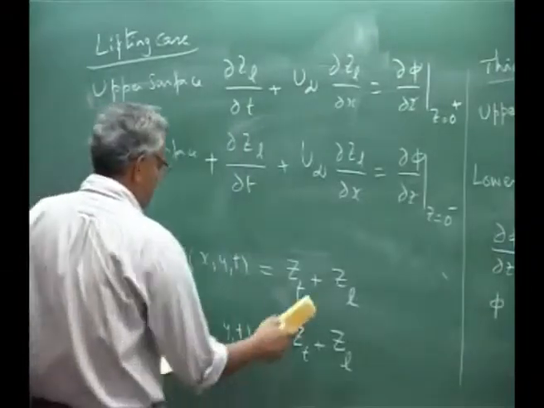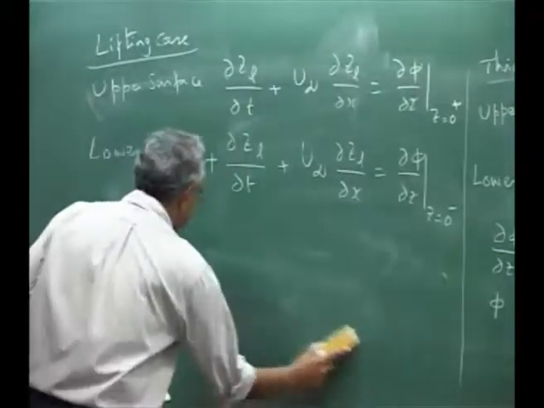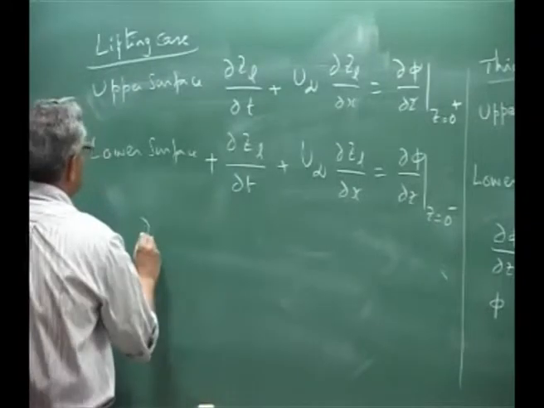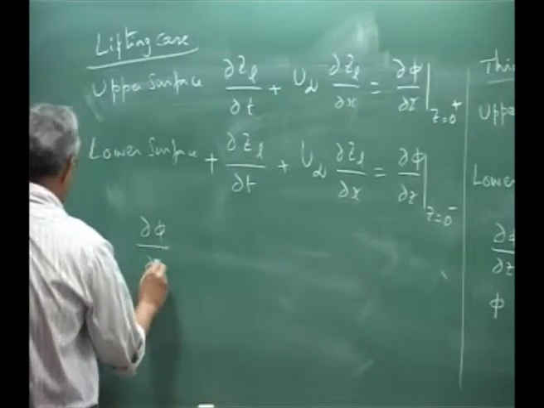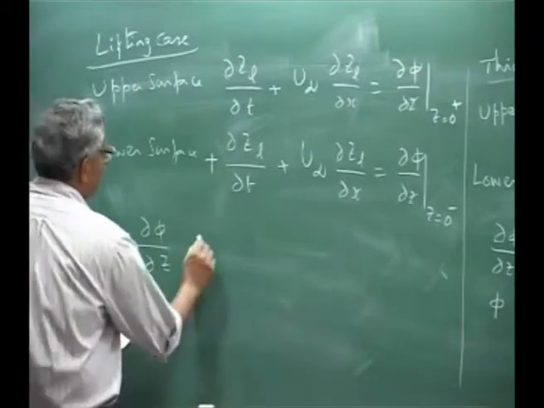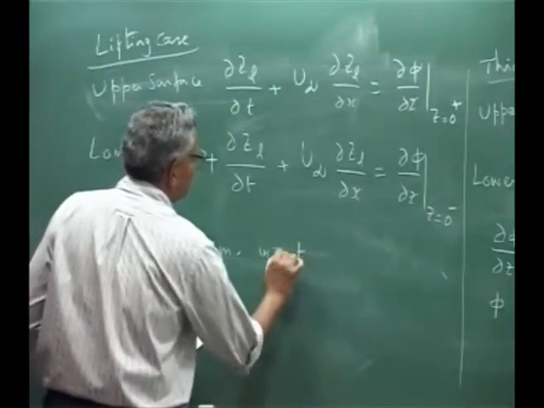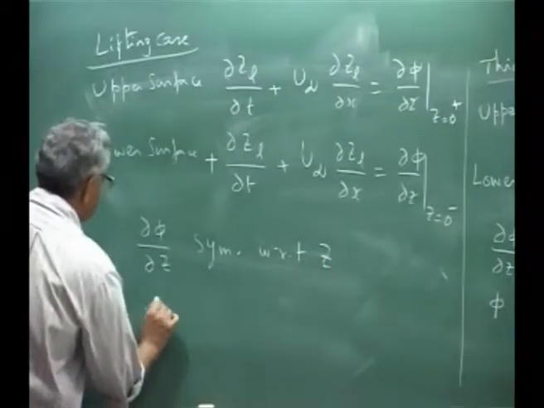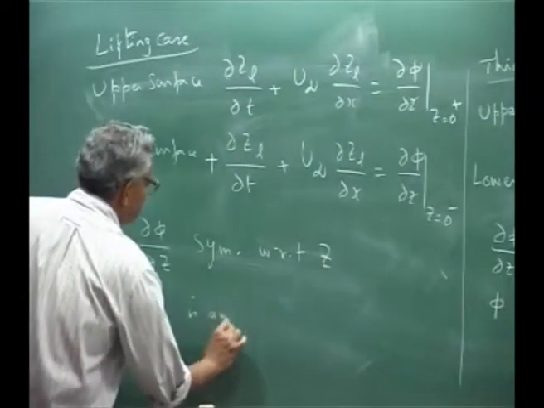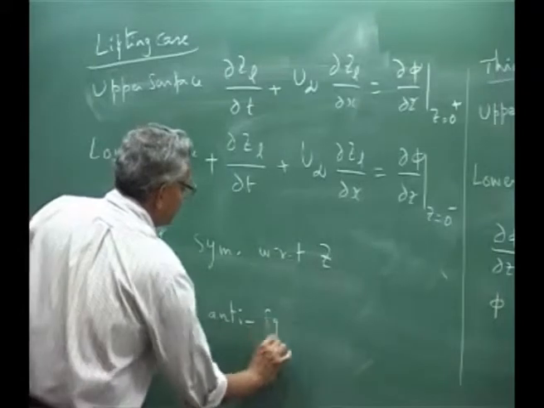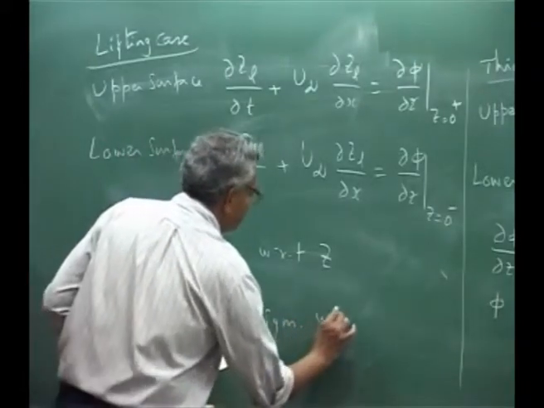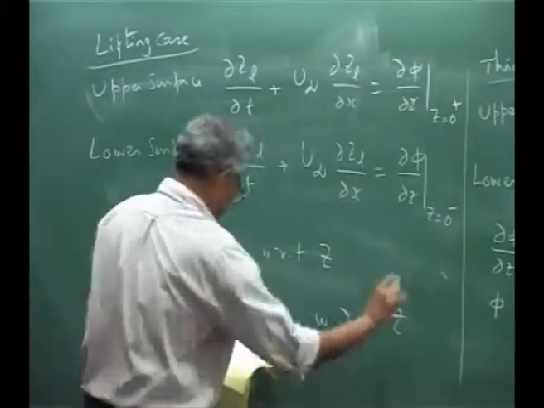Therefore, I knock this out. You will have delta phi over delta Z symmetric with respect to Z. So phi is anti-symmetric with respect to Z.